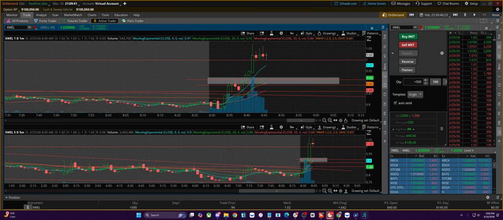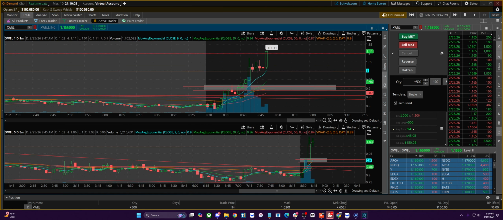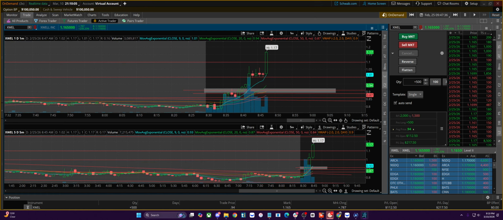Notice again how it's holding off of the psychological level. And now, retesting that previous high. And there it goes, extending now over that 110.